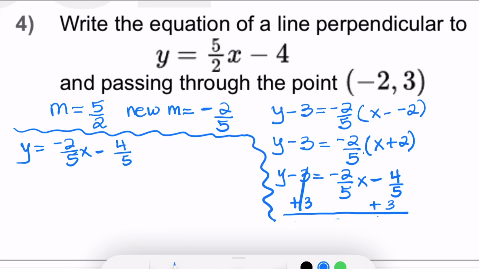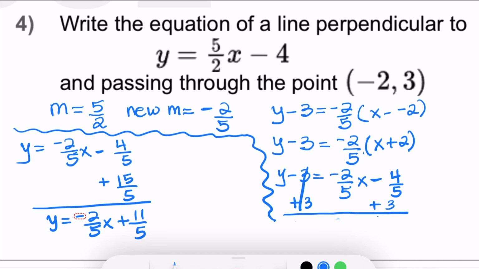And then we're going to add 3, but we're going to make the 3 look like a fraction with a denominator of 5. So it has to be 15 over 5. And that really equals 3. So now you go to your final answer. y is equal to negative 2 over 5x plus 11 over 5. And you are done.